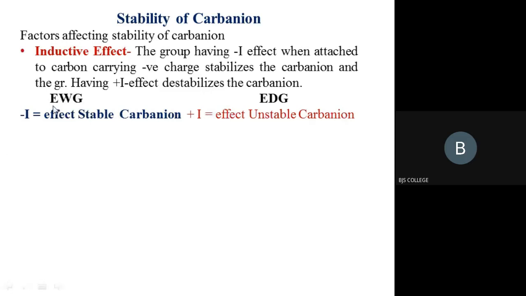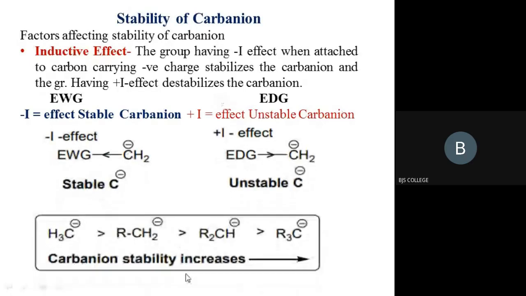So in general, we'll say that an electron withdrawing group which imparts a minus I effect will make the carbanion highly stable, whereas if you have an electron donating group in the molecule, then the plus I effect makes the carbanion highly unstable. So the plus I effect is going to make the carbanion unstable, whereas the minus I effect is going to make the carbanion stable.